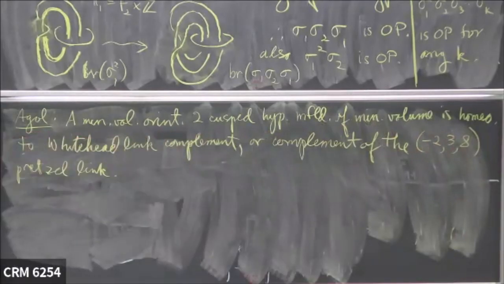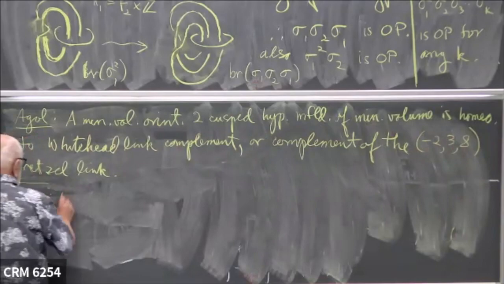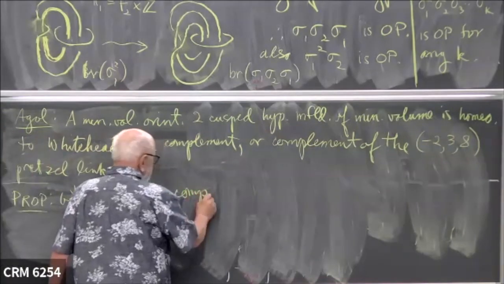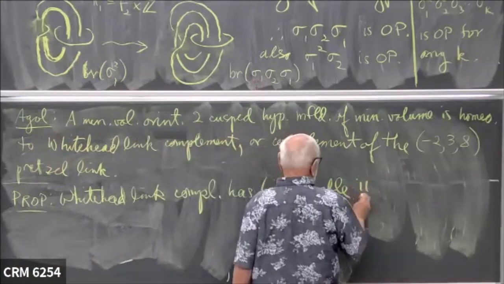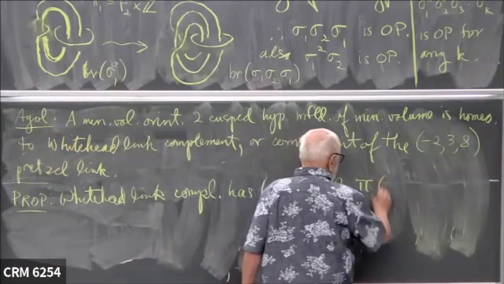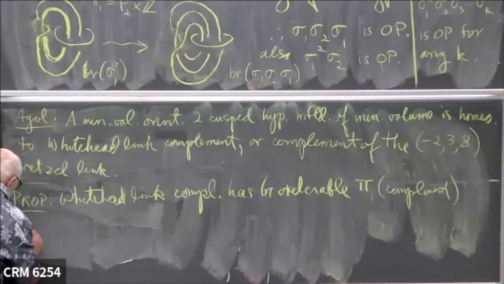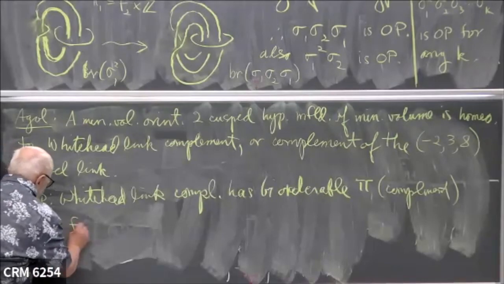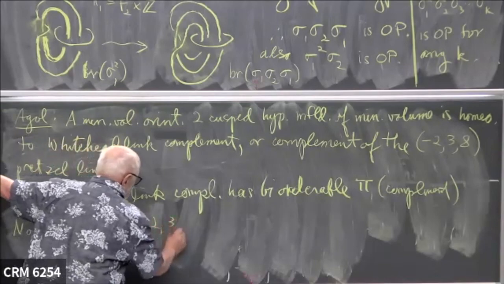Now, proposition: the Whitehead link complement has bi-orderable fundamental group. I claim that this is not so for the minus 2, 3, 8 pretzel link.